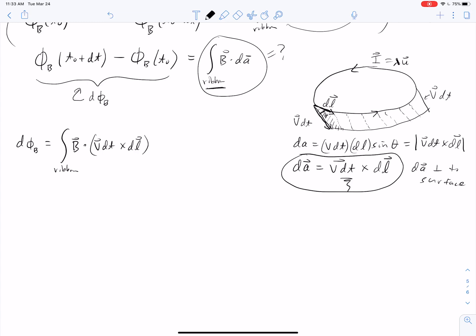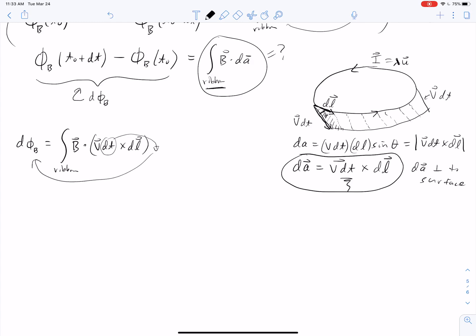And now we'll just go a little further, and now we'll pull this dt over here, and then we'll pull it all the way under.